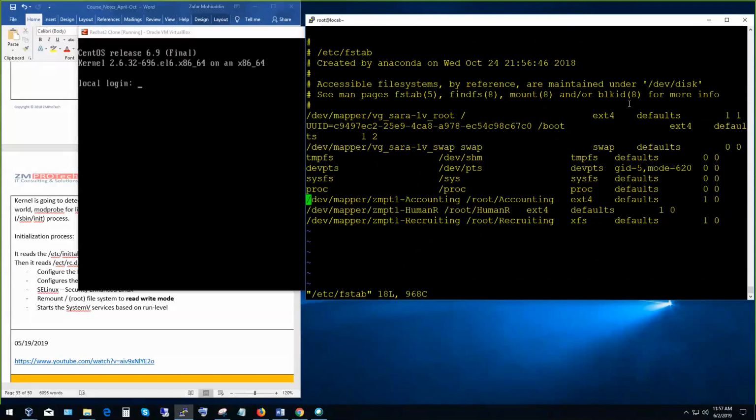That means it's reading through this, but it's not checking it, because at the end we put down 0, so it will skip. If you put down anything 1 and above, 1, 2, 3, 4, it will check that file system in that order.